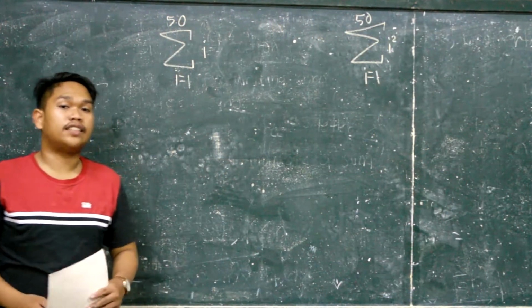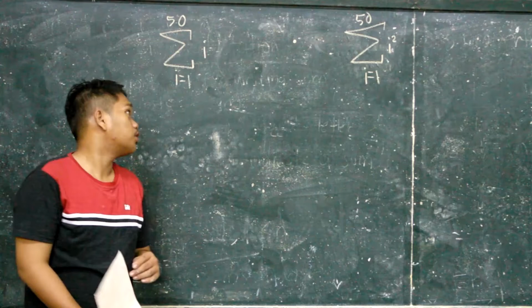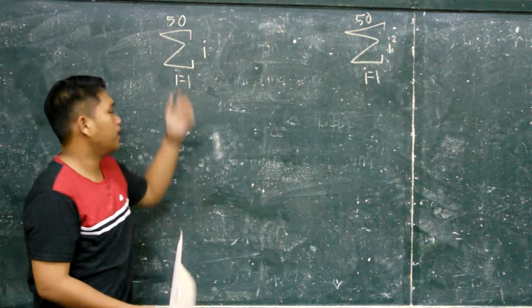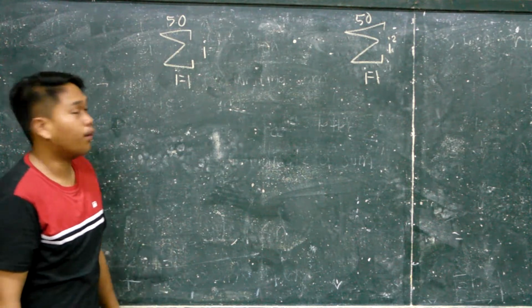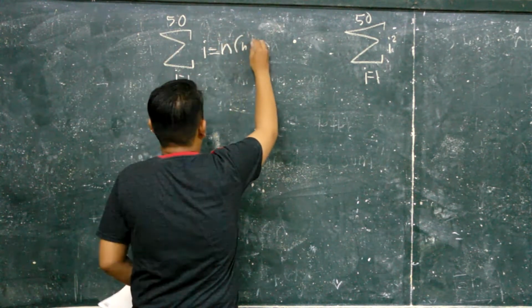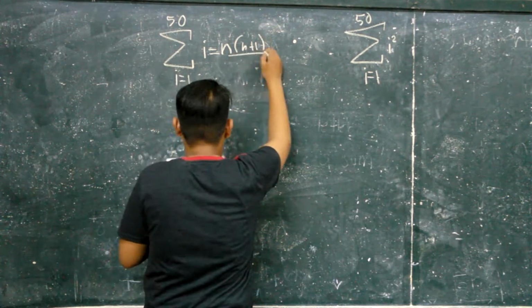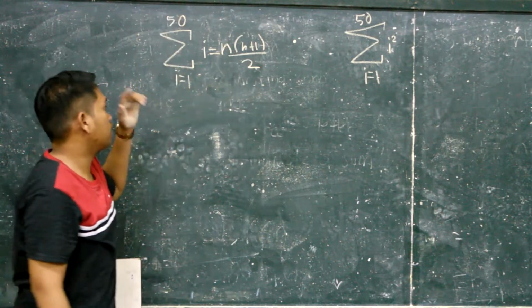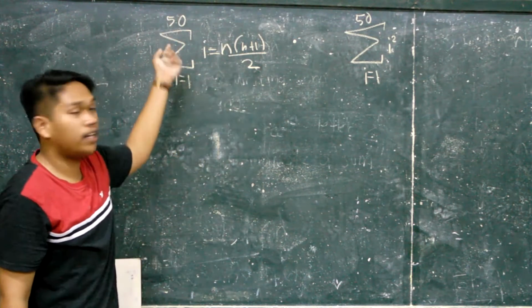We have here an example of a sigma notation. The first example is a variable with an exponent of 1. So we are going to use the formula n times (n+1) all over 2. We know that our n is 50. So let's substitute n with the value of 50.